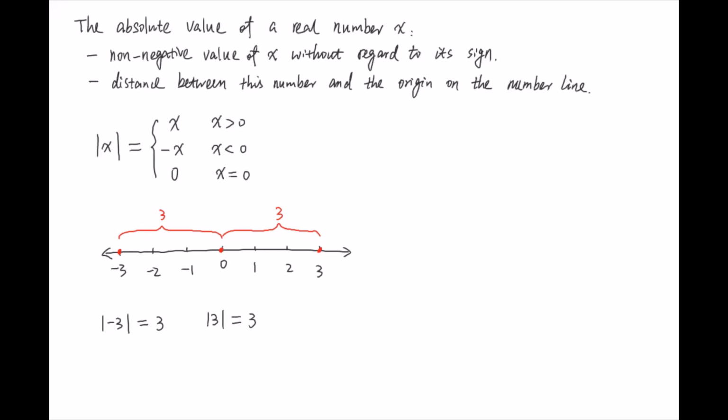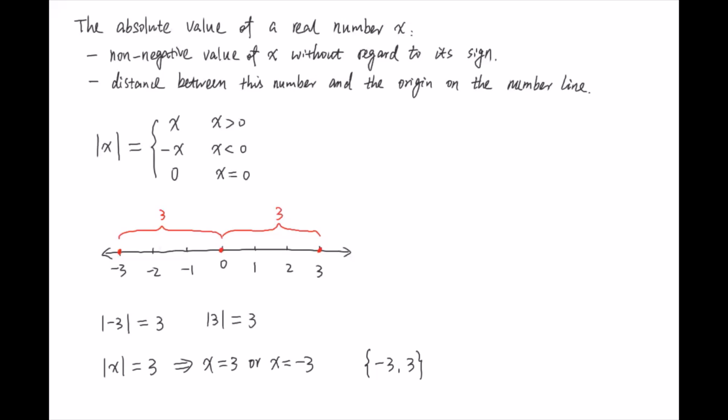Now we can try to solve an equation with absolute values. The absolute value of x equals 3. According to the figure above, we know that x can be either +3 or -3. So the solution set of this equation is -3 and 3.